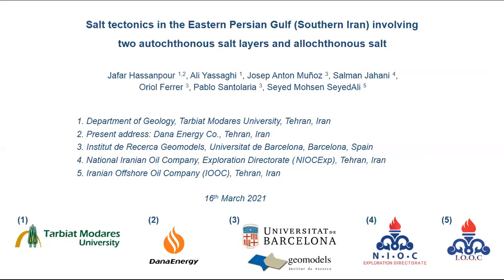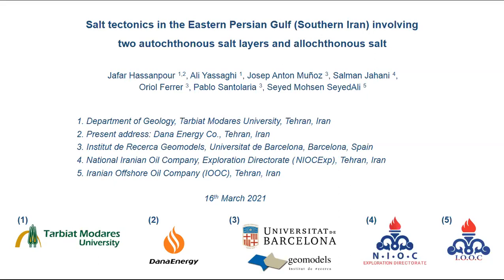So the presentation comprises firstly a general overview of the geology and structure of the Eastern Persian Gulf in the southern part of the Zagros Fold and Thrust Belt, and then we will move on to look at some seismic profiles to look at the salt structures of this part of the basin.